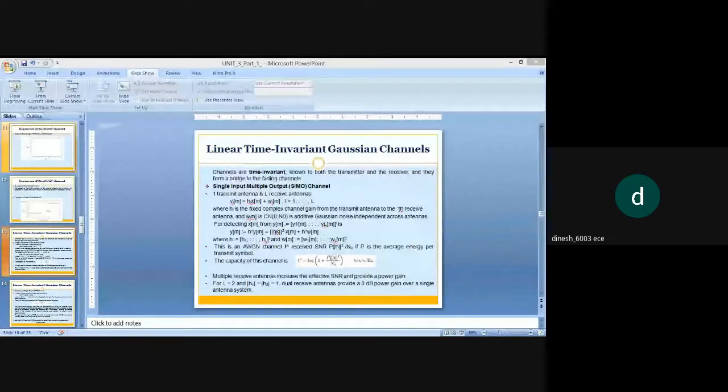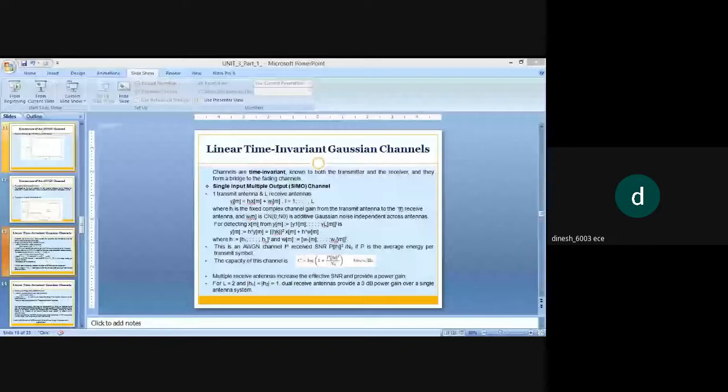So this is an additive white Gaussian noise channel with received signal to noise ratio. Channel capacity C is equal to log of 1 plus P times norm of h squared divided by N naught, where P is the average energy per transmitted bit.